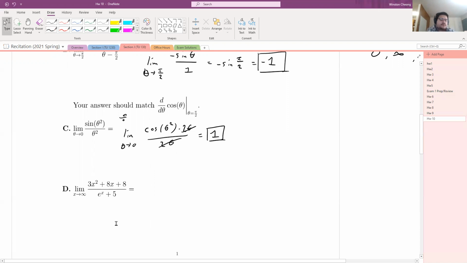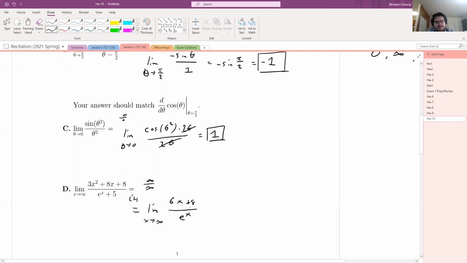And then for D, in this case, you can guess that you're going to need more than one application of L'Hopital's. So if we were to plug in at this juncture, we would have infinity over infinity. So we just go ahead and apply L'Hopital's once. So the derivative of the numerator is going to be 6x plus 8 over e to the x.